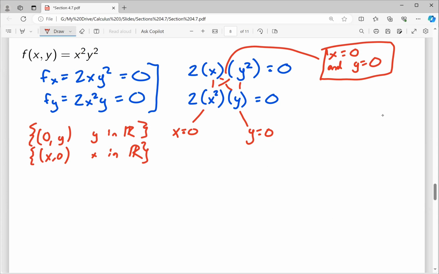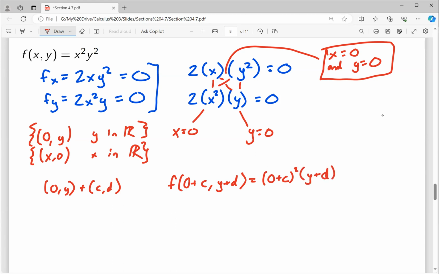Okay, so then let's say, what if I take one of those points and go a small distance from it? So if I take my point, say 0y, and I go a small distance, c and d, where c and d are very small, then I take my function of that. So f of 0 plus c and y plus d is going to equal 0 plus c squared times y plus d squared.